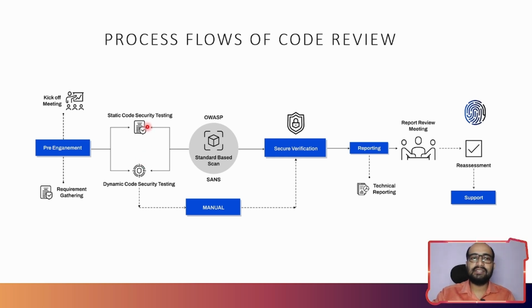So you have to scan with a security assessment tool using dynamic code security testing, and once the tool gives you the result, 500 or 600 or it might be 1000 findings, after that you have to do a manual assessment of these findings.